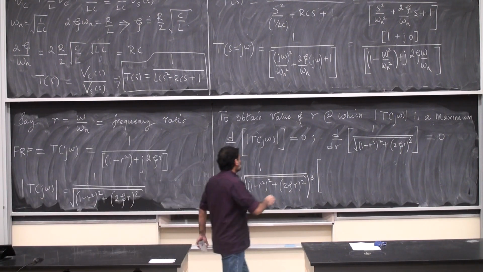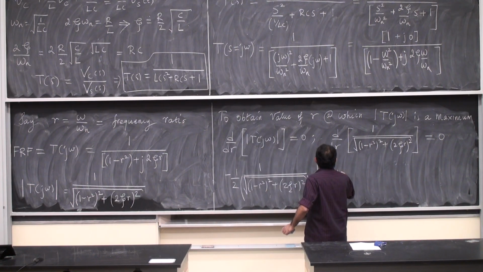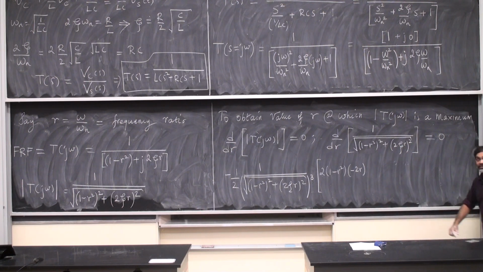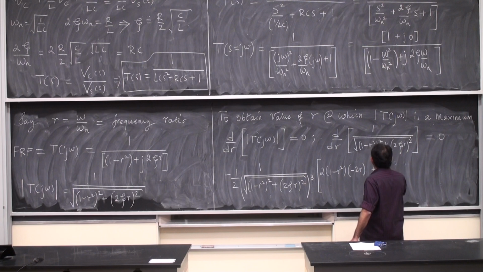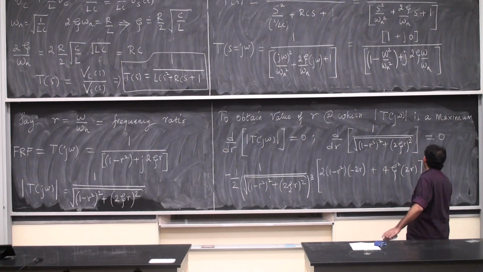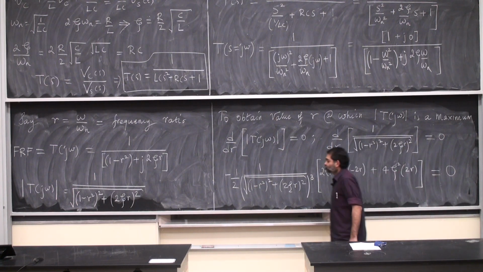So that gives me 2 times (1 minus r square). Differentiation of r square is minus 2r. Differentiation of (2 zeta r) whole square is 4 zeta square times r, and that's equal to 0.